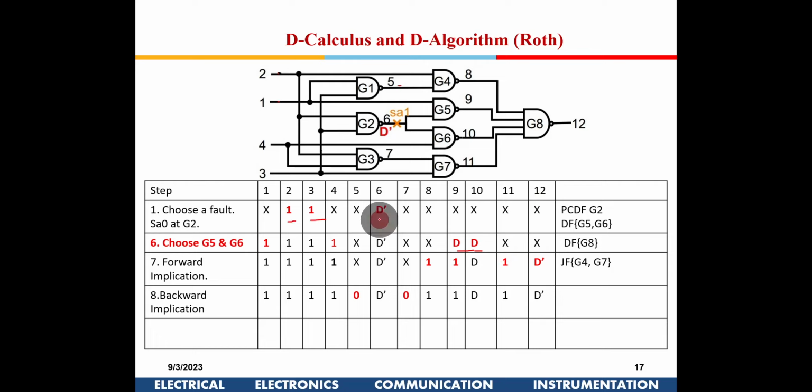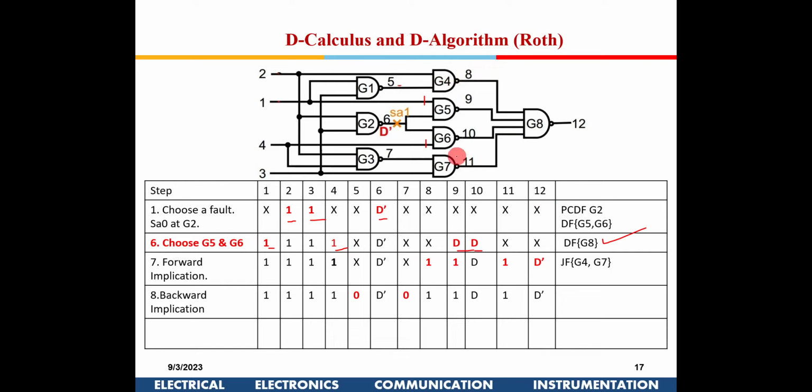Initially I put 1 1 D bar here, and then I choose both these paths, so this is going to be 1 and this is going to be 1. Putting those two ones has brought D at 9 and 10, and that has put G8 in the D frontier.